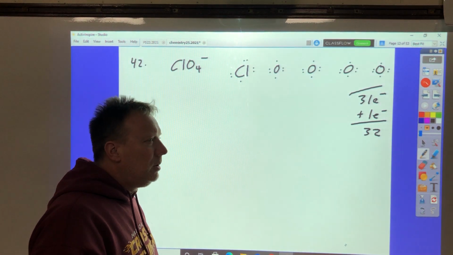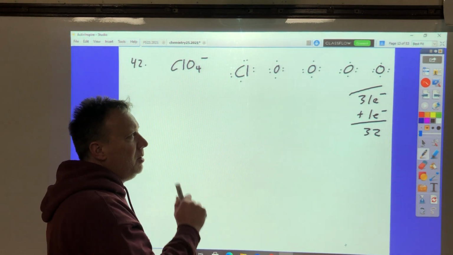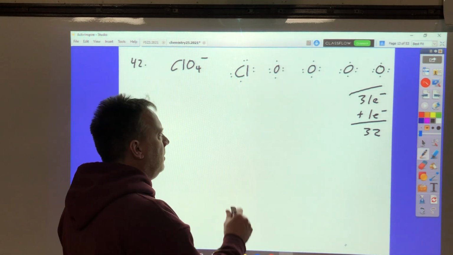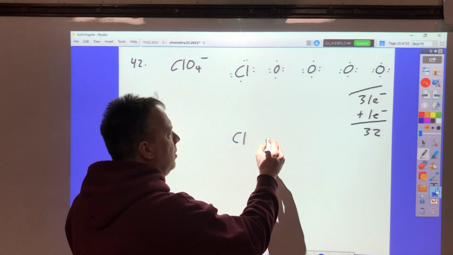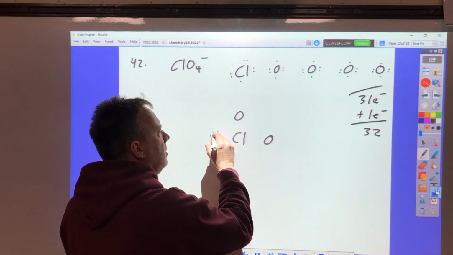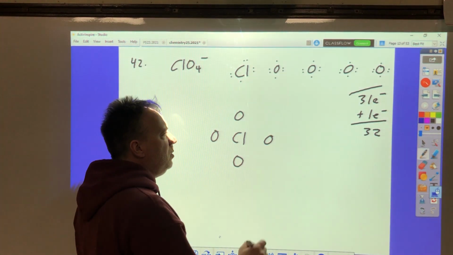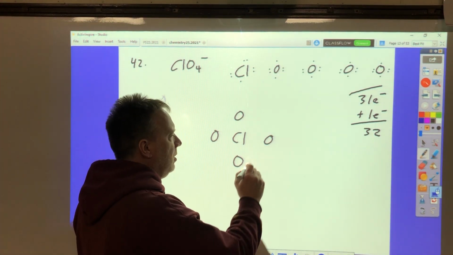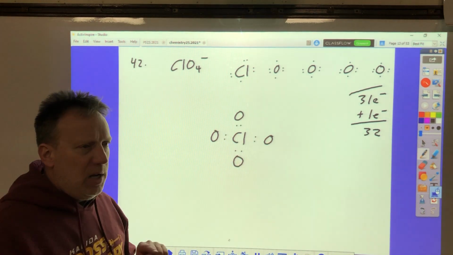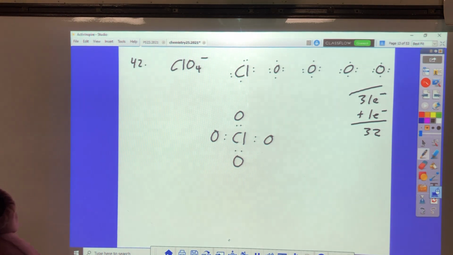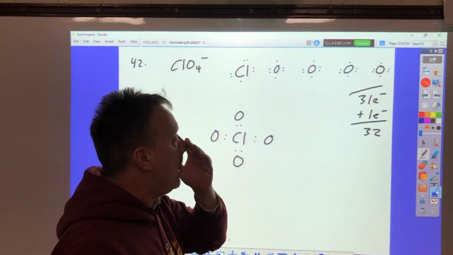It's weird, and it doesn't really work out that often, but halogens can be your central atom with oxygen around. So let's put chlorine, even though this is breaking our rules, in the middle, surrounded by oxygen. The next thing is to give everybody 2 electrons shared. There's 2, there's 2, there's 2, there's 2. The next step is to give everybody a full octet, except for hydrogen and some other exceptions coming up that we're going to look at.